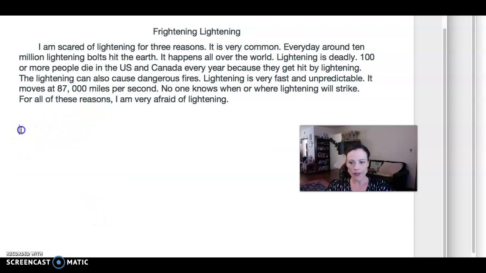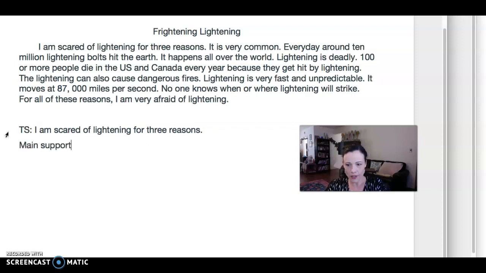Let's read this paragraph together and understand what would be my main support and what would be my details. So my first sentence, of course, is going to be my topic sentence. I'm scared of lightning for 3 reasons. We don't use any transition for a topic sentence. That would be weird.